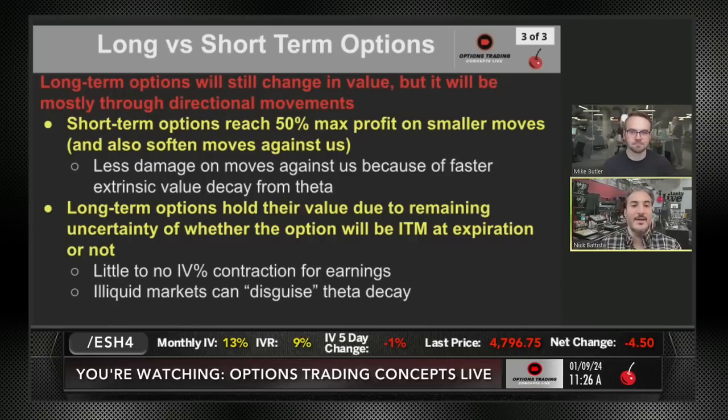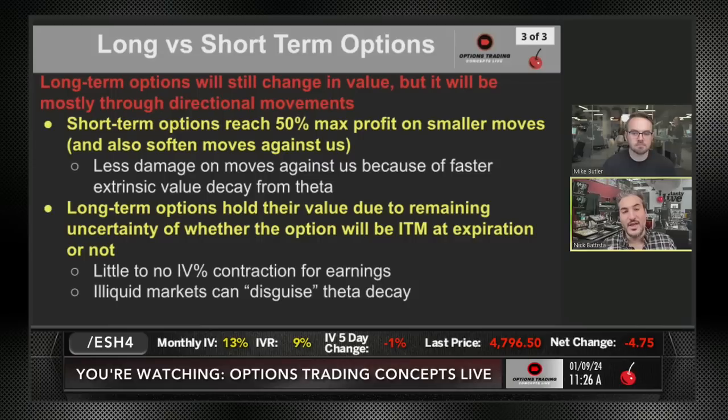Those are not equal changes in time. So short-term options reach 50% of the max profit on smaller moves in the underlying and also soften moves against us. So you see less P&L fluctuation for the shorter duration options, less damage on the moves against us because of the faster extrinsic value decay from theta.